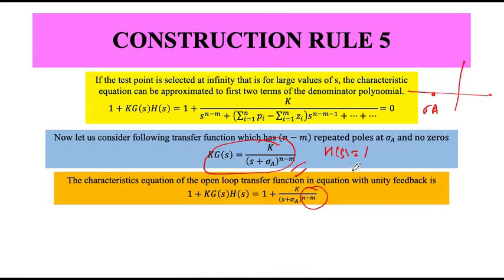So that tells us that from this sigma a, n minus m branches will go to infinity.